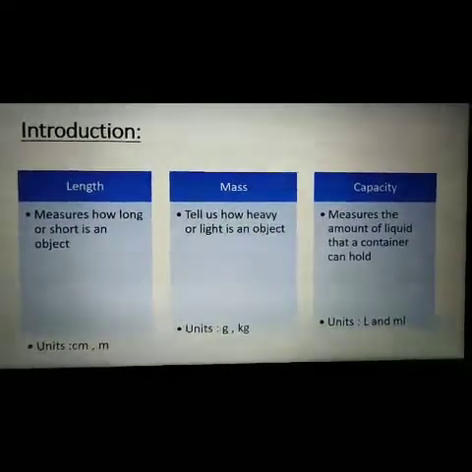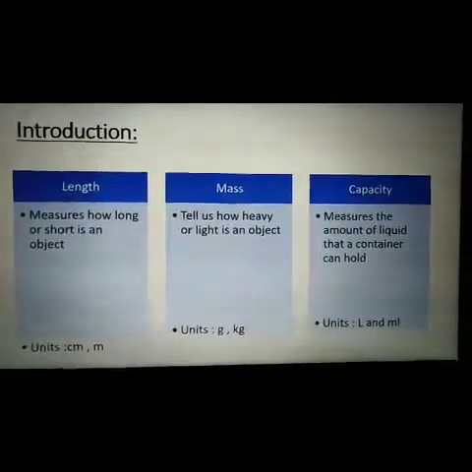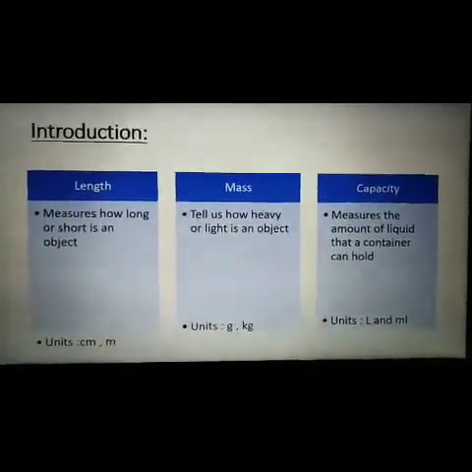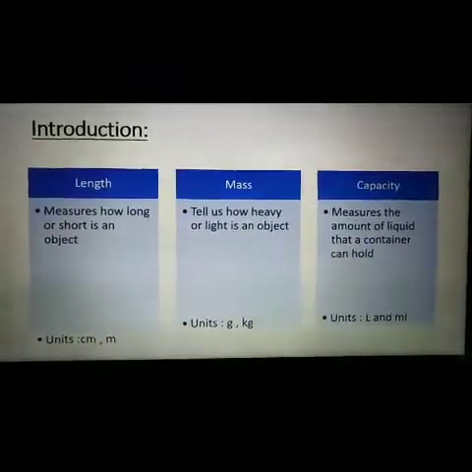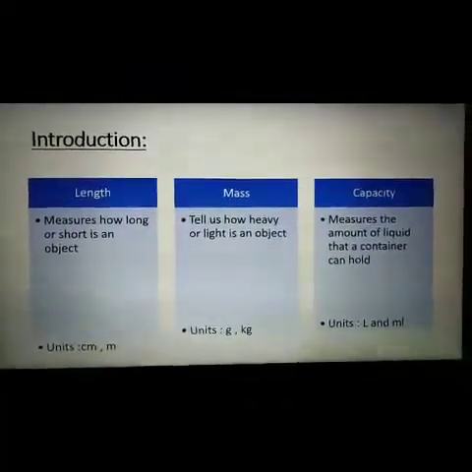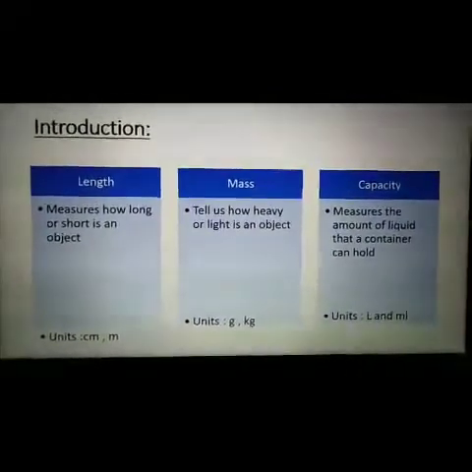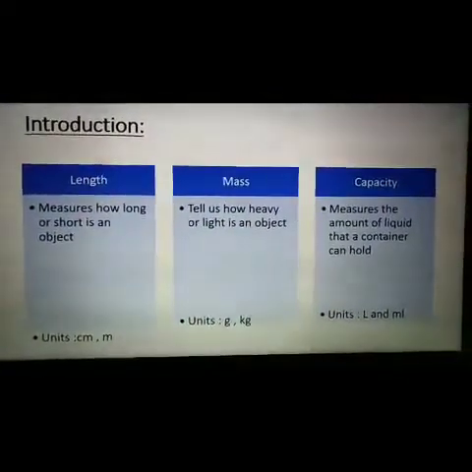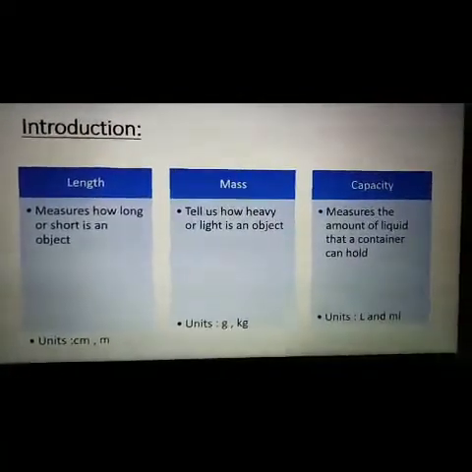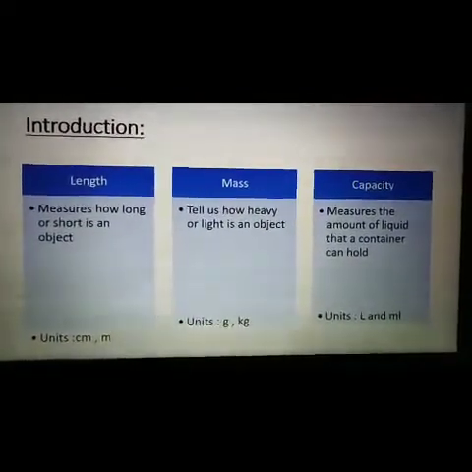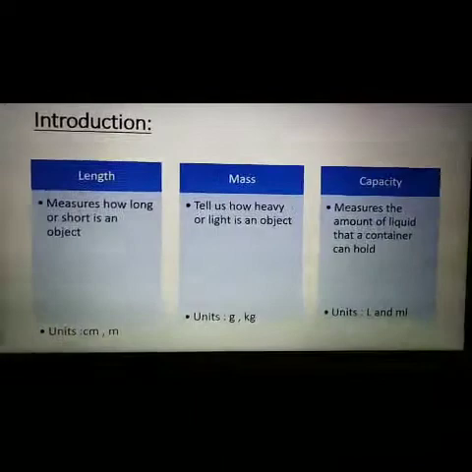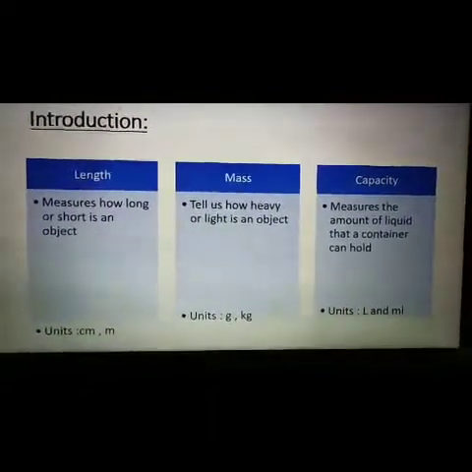Before I explain the lesson for you, we will start with this introduction. In the previous classes, you learned how to measure the length, the mass, and the capacity of objects. As a quick revision, we will take a look at each one of them and what unit we use to measure each one. The first one is the length.